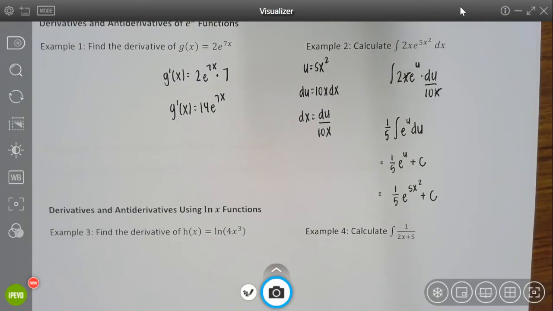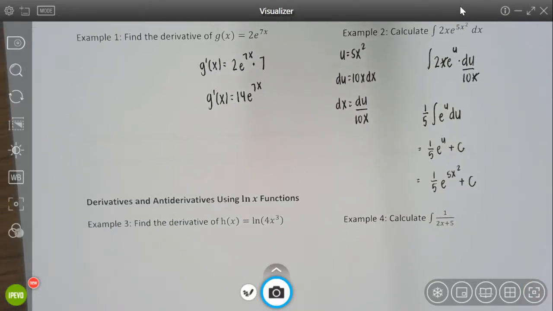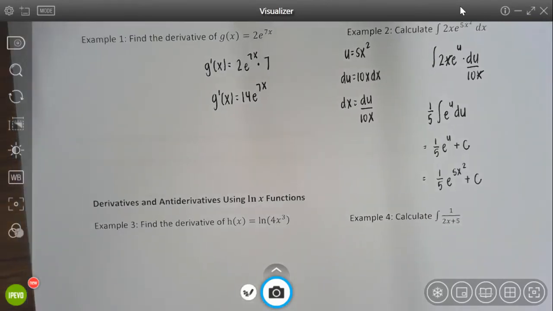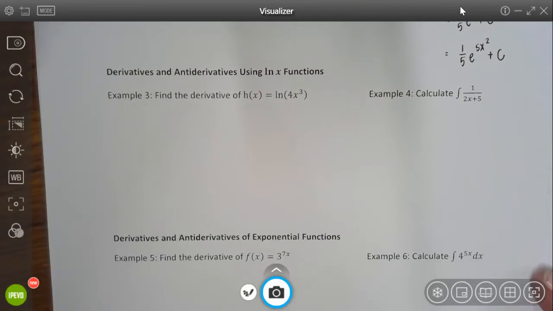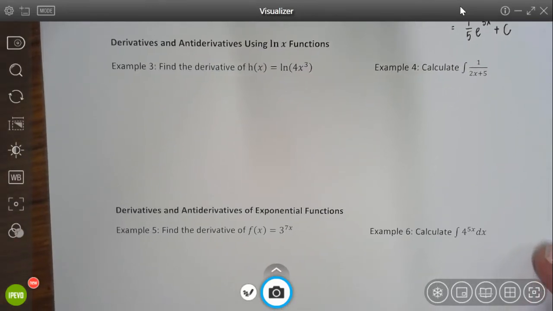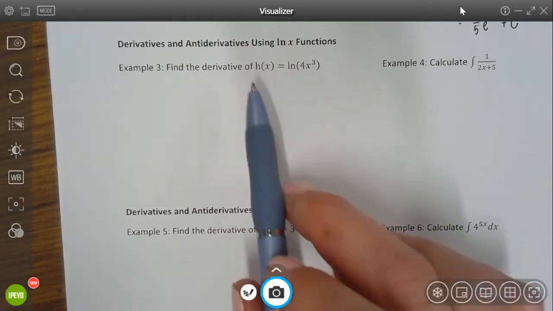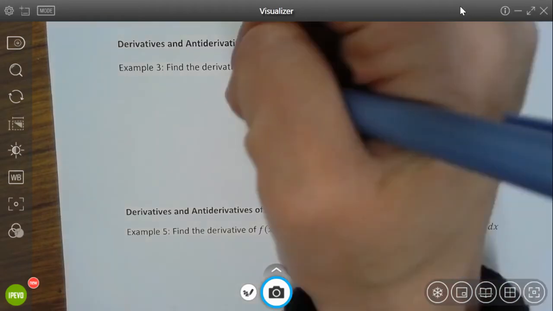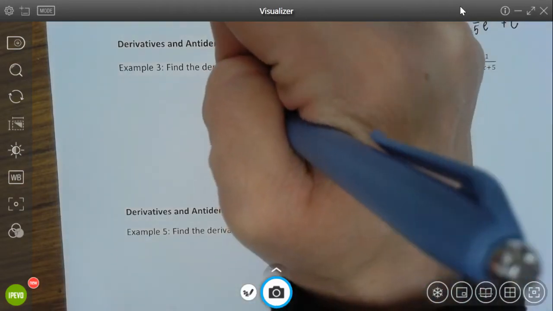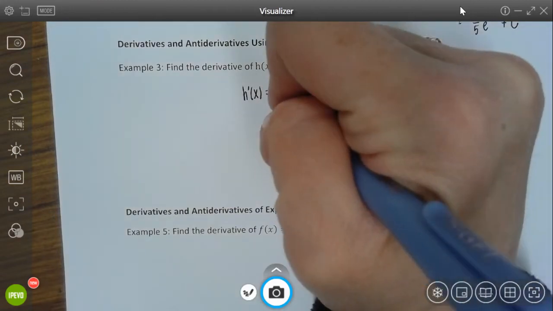So right after we talked about exponential functions of e to the x, we talked about the natural log functions. We talked about how to find the derivative of those, and then calculating antiderivatives of the form that's going to give us something of an ln of x type function. So if we want to find the derivative of this ln of 4x to the third, remember that our general form of our derivative is, if it's an ln on the outside, it's going to be 1 over whatever's on the inside.